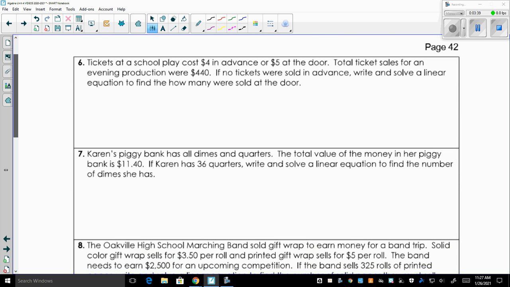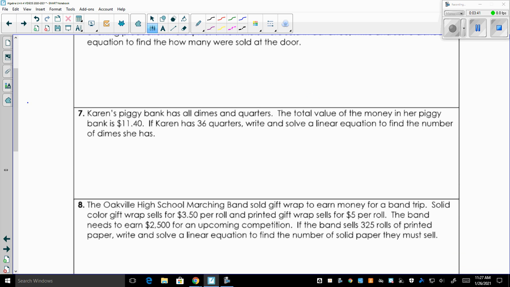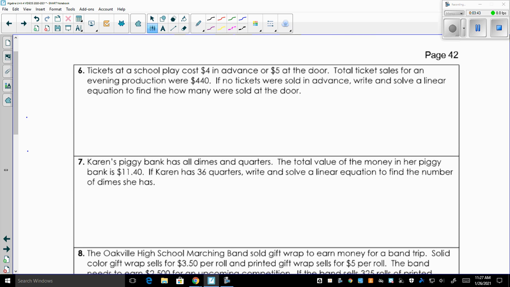All right, number 6, and we're still working with standard form here. Tickets at a school play cost $4 in advance. That's key information, so circle it, underline it. $5 at the door. Total ticket sales for an evening production were $440. If no tickets were sold in advance, write and solve a linear equation to find out how many were sold at the door.